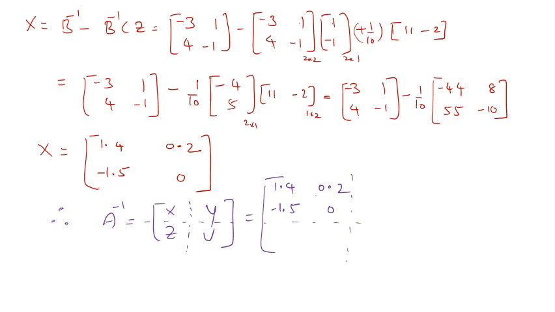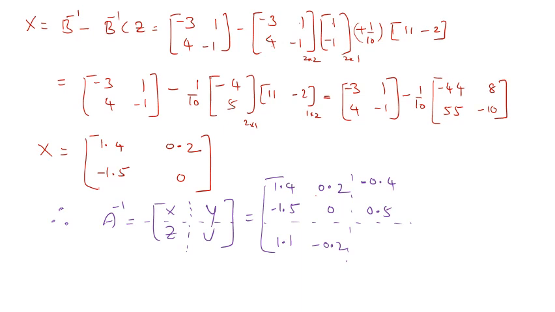Okay, I'm just showing the partition. And what is y value? After dividing by 10, you will get 0.4, minus 0.4, and this is 0.5. Next one, what is z value? It is 1.1 and minus 0.2.